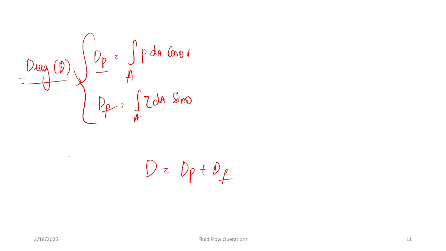So let's see how the contributions of dP and dF vary with the shape of the body. The total drag will be the sum of dP plus dF, but the contributions will change according to the shape of the body.